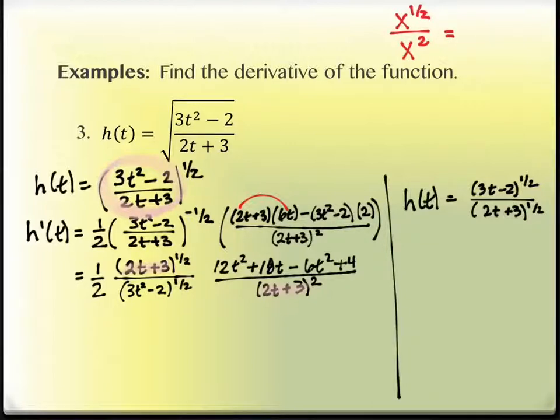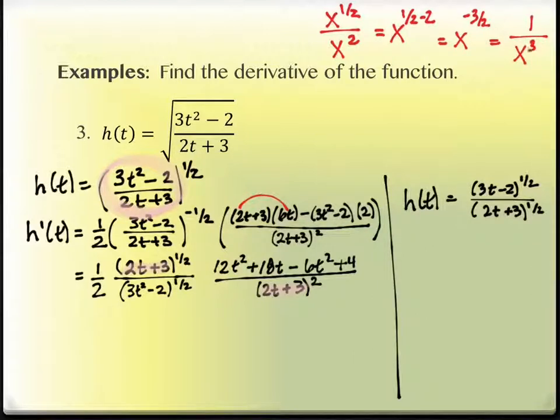If I subtract 1/2 minus 2, what do I get? I get negative 1 1/2, or negative 3/2, which is the same thing as having x to the 3/2 on the bottom. Basically the 1/2 here is canceling with 1/2 of the 2 down below.